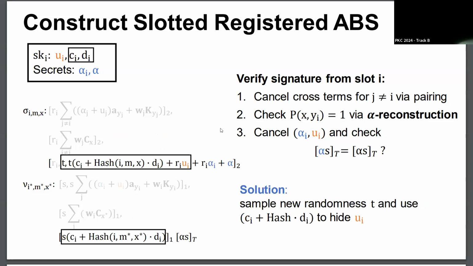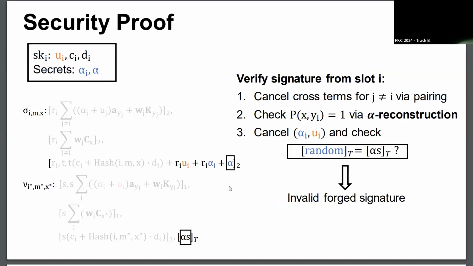So our solution is to add new randomness and new secret components to hide this alpha I. Here C_R and D_I are new secret keys, and this hash value is generated from the message and policy. Then we proceed to the security proof.